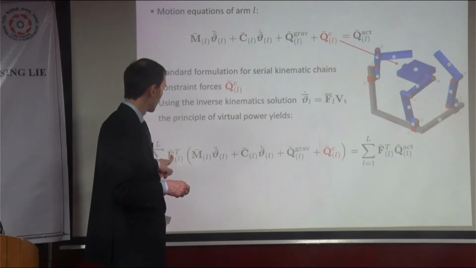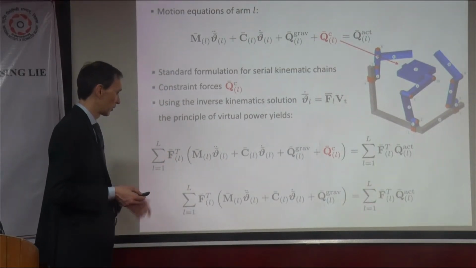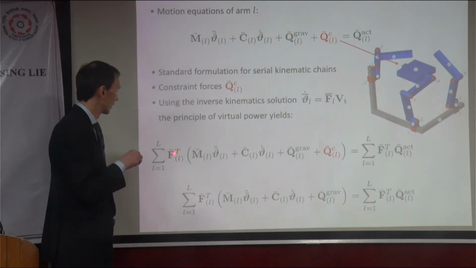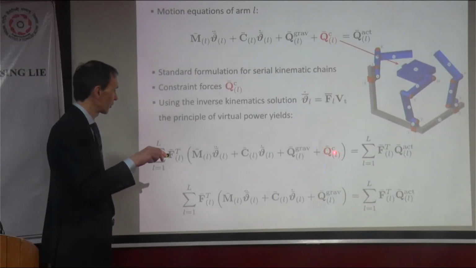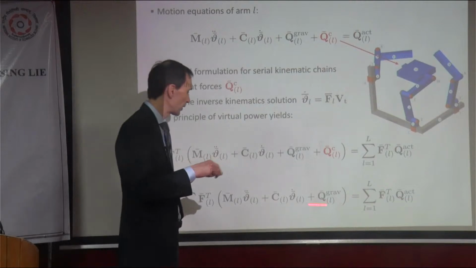And of course, the reasoning is always the same: the constraint forces do not perform any work on admissible velocities, which means that this goes out, and the final equation is like this.